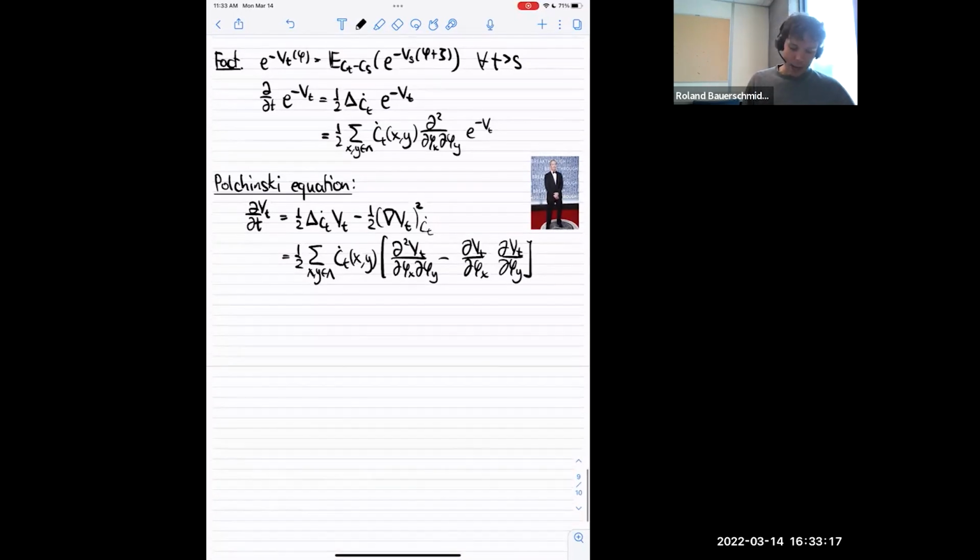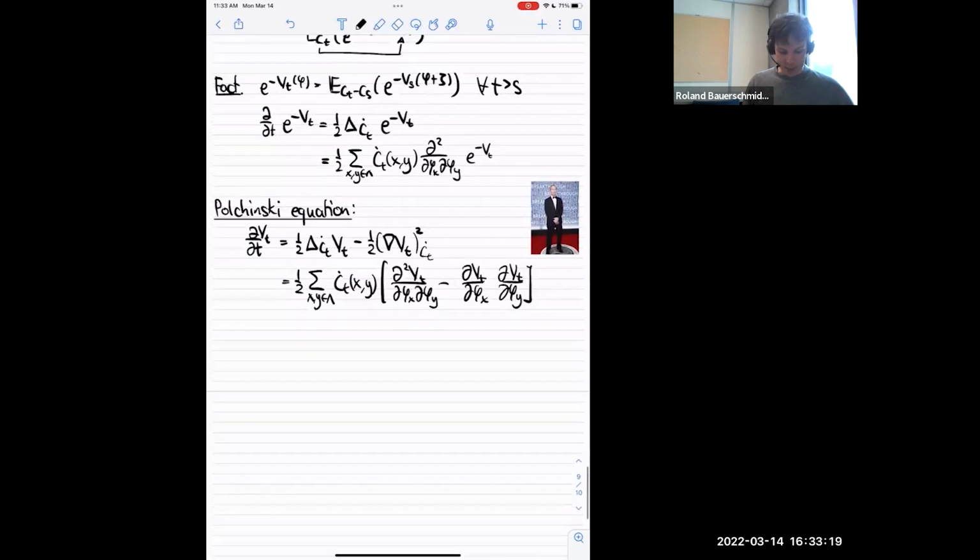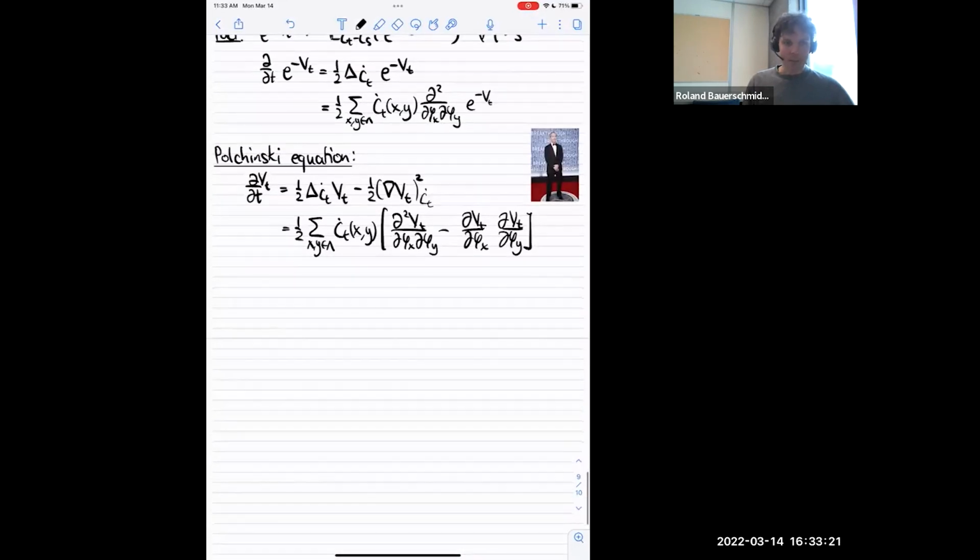So why is it useful to study this renormalized potential? Well, you can introduce another object, which is the renormalized measure. Our initial expectation had a subscript 0 here.